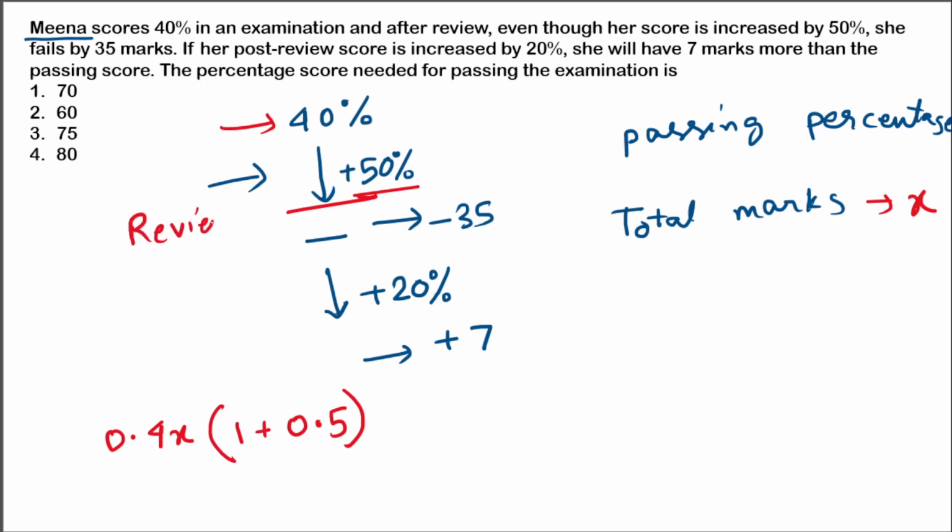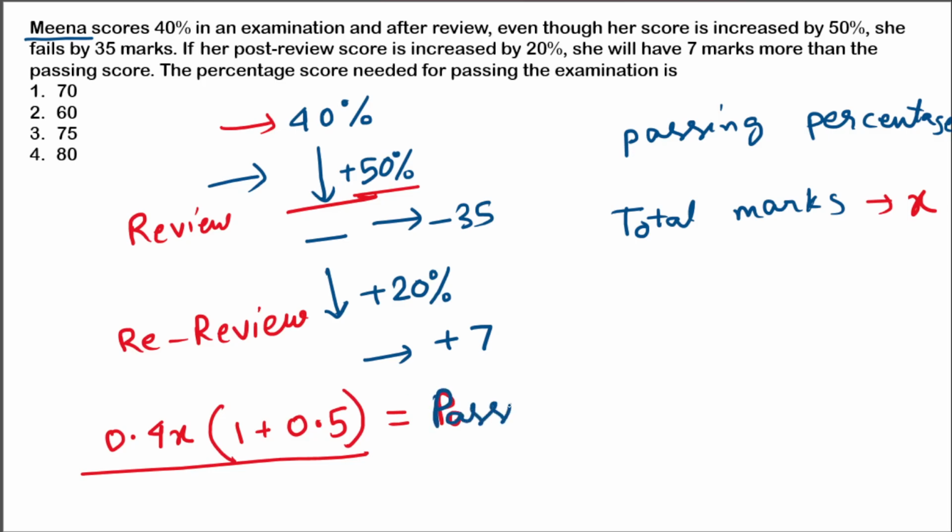So this is review and this was re-review, just so that you don't get confused. After review this will be her score, and this is equal to the passing score minus 35.